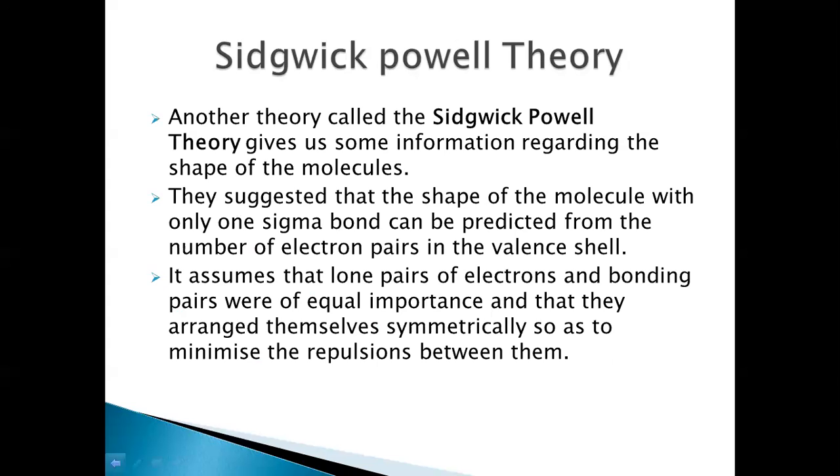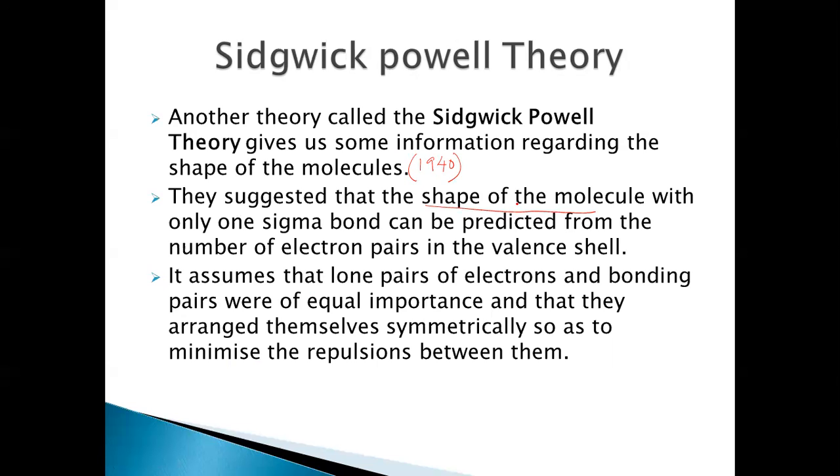And the next one is the Sidgwick-Powell theory, which was proposed in 1940 in order to explain the shapes of molecules. To a certain extent, he could explain the shapes of molecules.